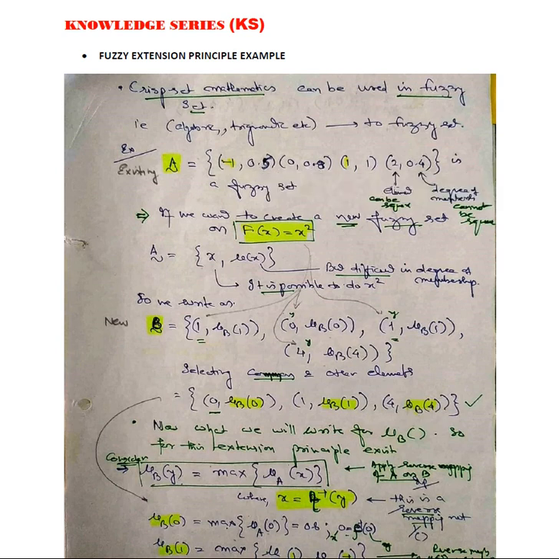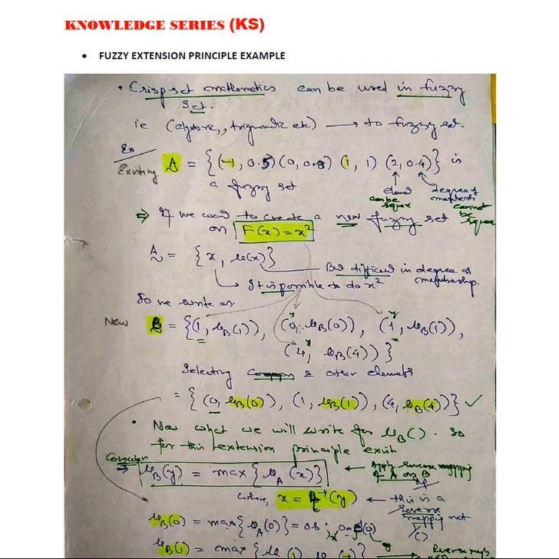Now we have put mu B of 4, because at 0.4 it remains the same, but since the 2 became 4, that's why we wrote mu B of 4. 4 is the element. Mu B of 4 is not this 0.4, because this is a membership, whereas mu B of 4 is this element.